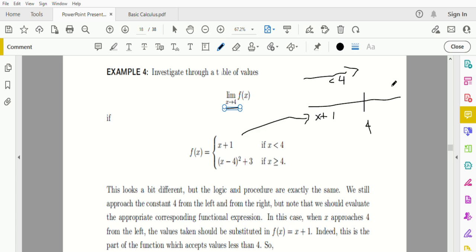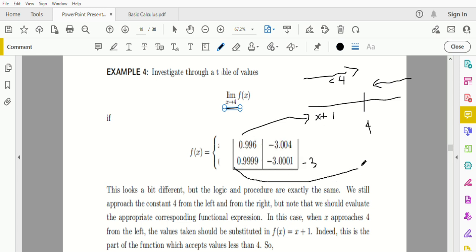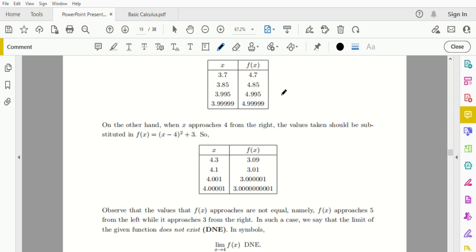Now for the right side, as x approaches from the right, we will use x squared minus 4 plus 3. So let's study this. This is as x approaches 4 from the left. We have 3.7, 3.8, 3.99, and so on. These are the values from the left of 4. And take note, it approaches 5 by observation.